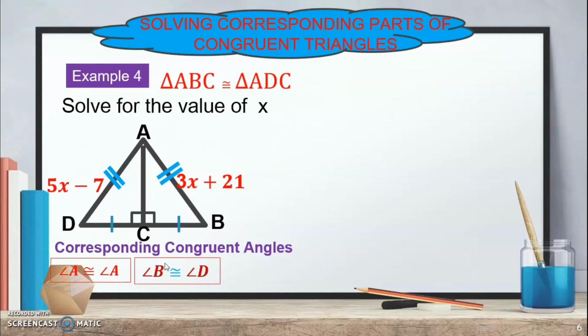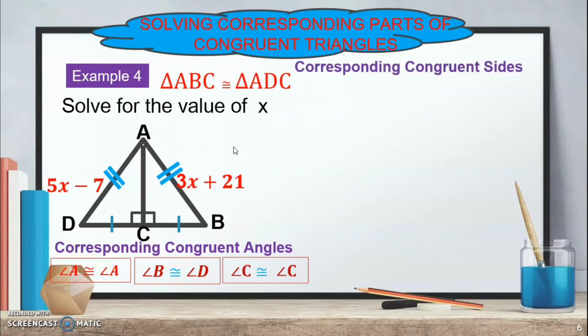So, angle B congruent to angle D. Then, angle C congruent to angle C. Then, our corresponding sides. This side, AB is congruent to AD. Then, BC is congruent to DC. Then, AC is congruent to AC.